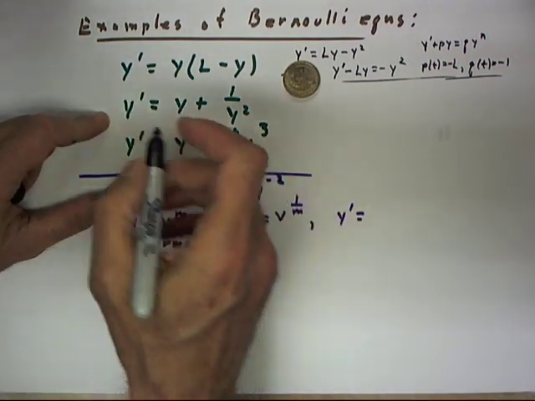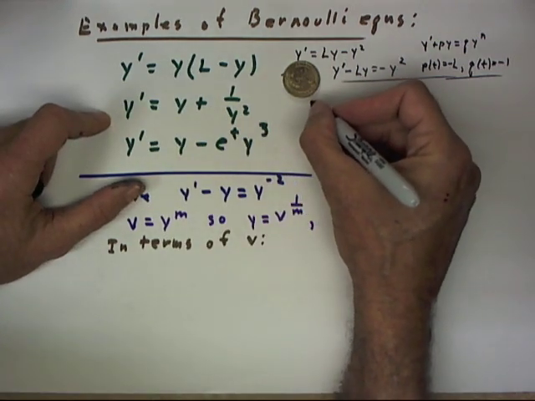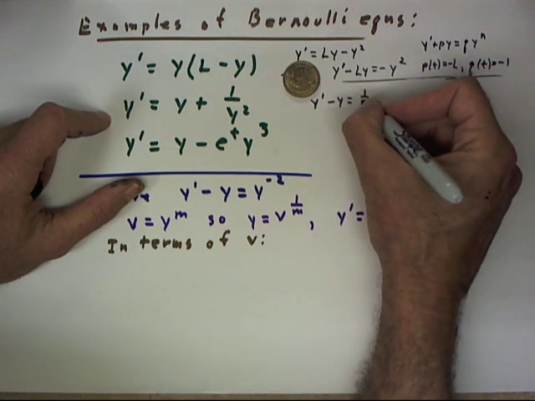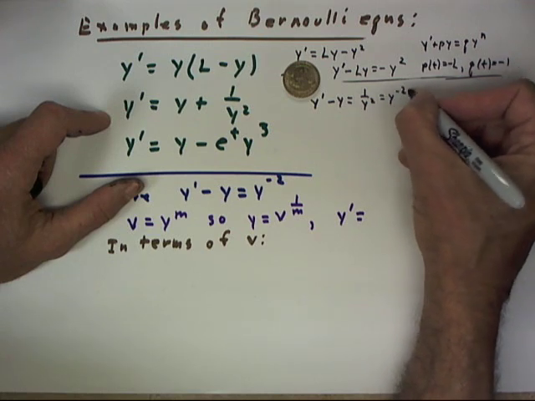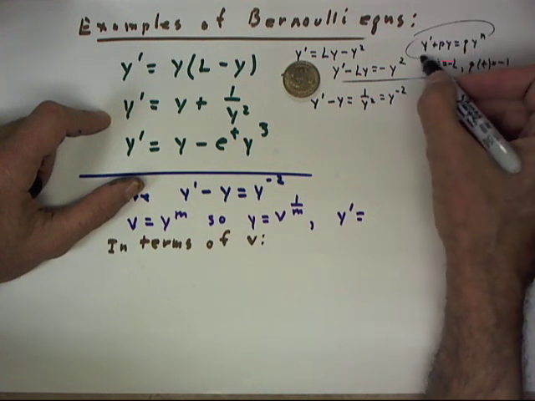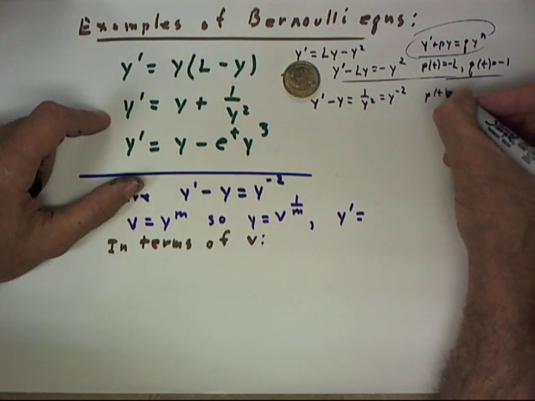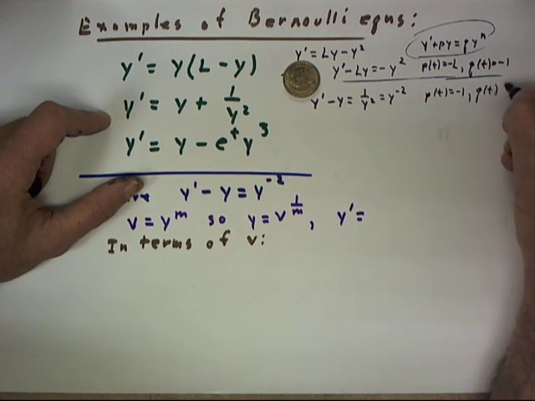This second equation, y prime equals y plus 1 over y squared. Let's write that out as y prime minus y equals 1 over y squared. Now 1 over y squared is y to the negative 2, so that this is also of the form required for a Bernoulli equation, with p of t equal to negative 1 and q of t equal to 1.